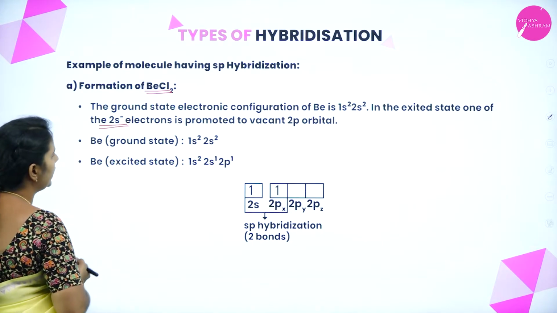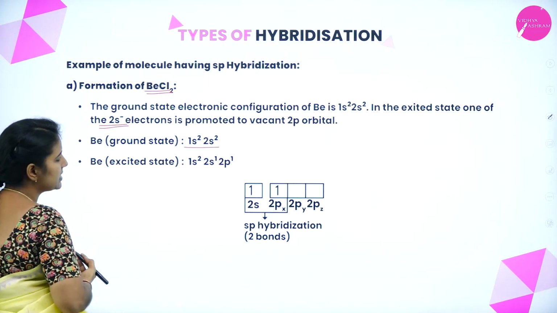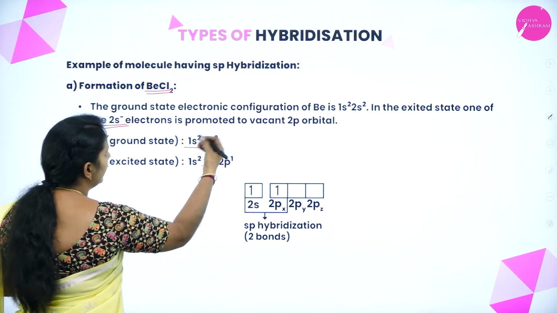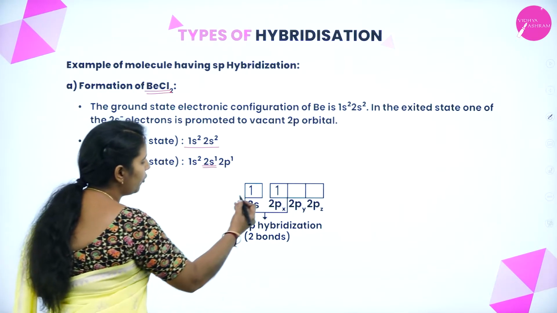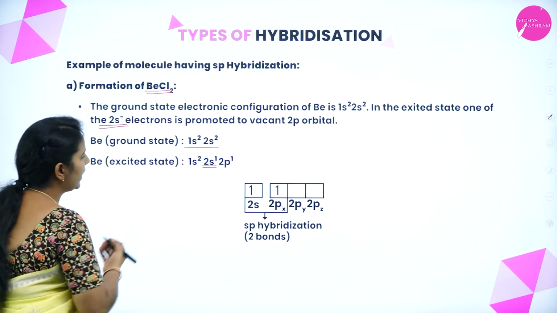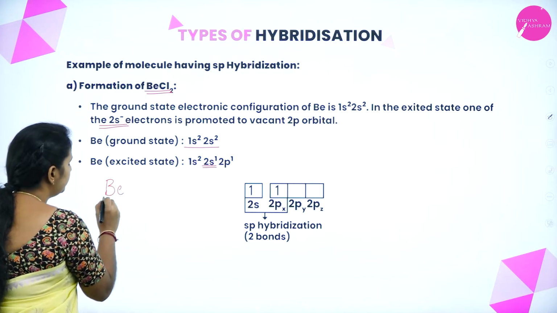So this is the ground state electronic configuration, but in the excited state, one electron from the s orbital gets shifted to the 2p. This results in the formation of sp hybridization.